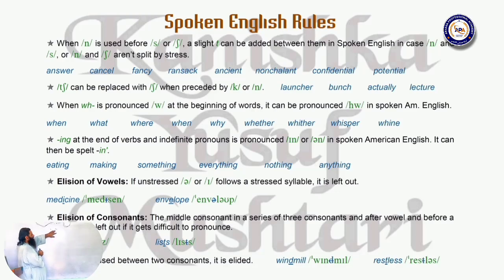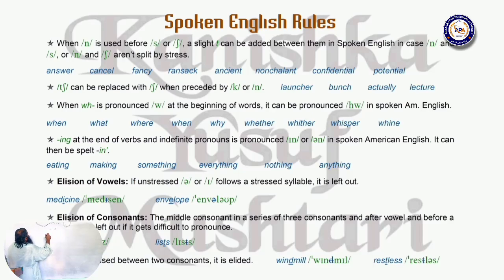Whenever we have one of these sounds in an unstressed syllable. By the way, schwa is always in unstressed syllables. It never appears in a stressed syllable. There is never stress on the schwa sound. But the other vowel is sometimes stressed or sometimes not. But whenever these two sounds come in unstressed syllables and the previous syllable is stressed, then we can leave them out. For example, for one sound, like in the word medicine, we can pronounce it "medsin."